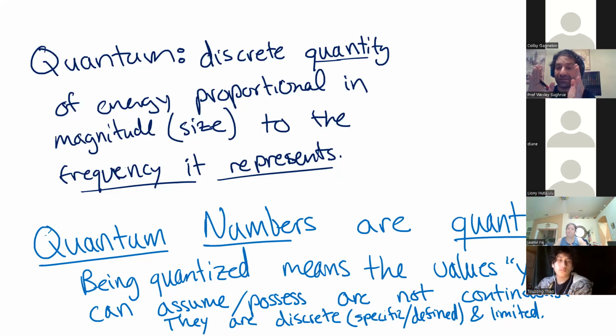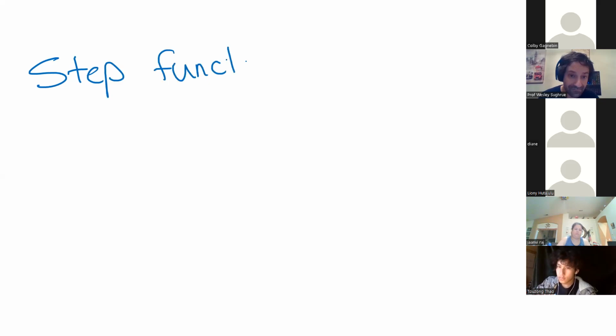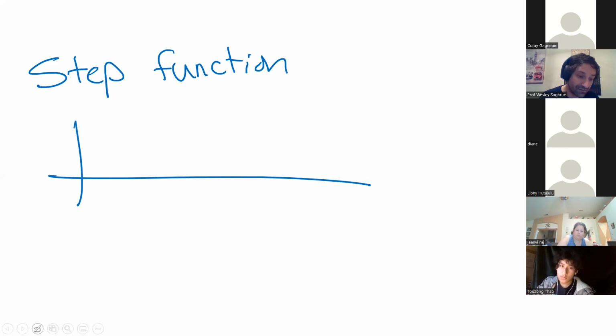Here we're talking about values that, if you are familiar with the term, a step function. So if you're familiar at all with the idea of a step function, which is a function where you'll have a specific value, say on the y-axis, okay? You have a specific value that you can take on, and then when the next value that you can take on occurs, it moves up to a very specific defined area again. And you cannot exist between those two steps.